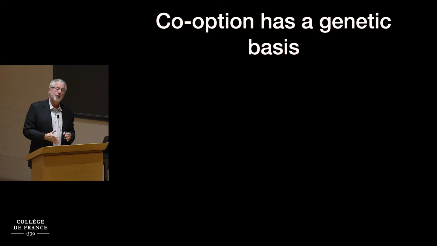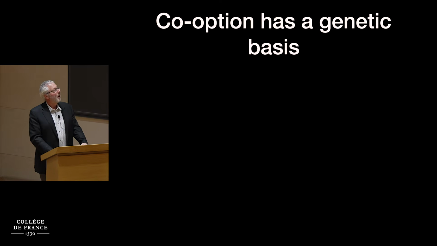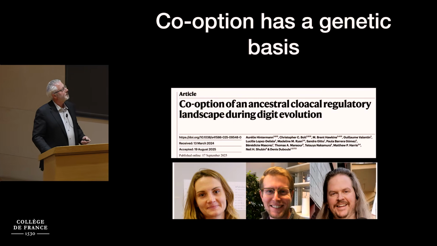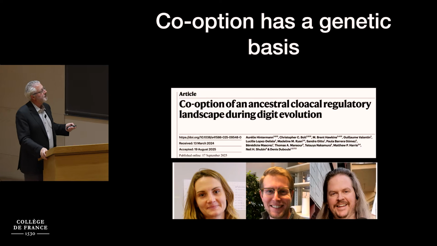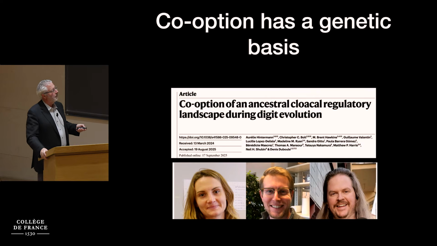And I'm going to give you a different example, one that appeared recently in collaboration with Professor Duboule and Matt Harris in Boston. What we're going to look at is a paper that appeared about a month and a half ago that was led largely by Denis Duboule's lab with some contribution of my lab as well as Matt Harris's lab. And it was really driven by the work of three fabulous postdocs, Orly Hinterman, Chase Bolt, and Brett Hawkins.